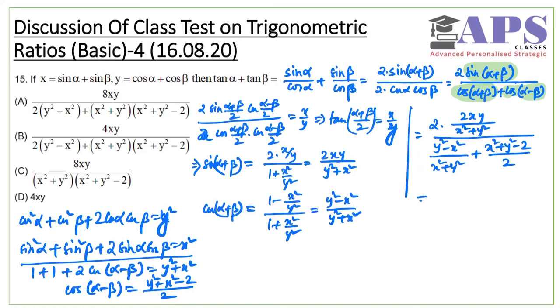Okay, so this upon simplifying will give us 8xy divided by 2 into y square minus x square plus x square plus y square, into x square plus y square minus 2. So that is all, and that is given in some option. I think it's given in option A here. So that's the correct option.